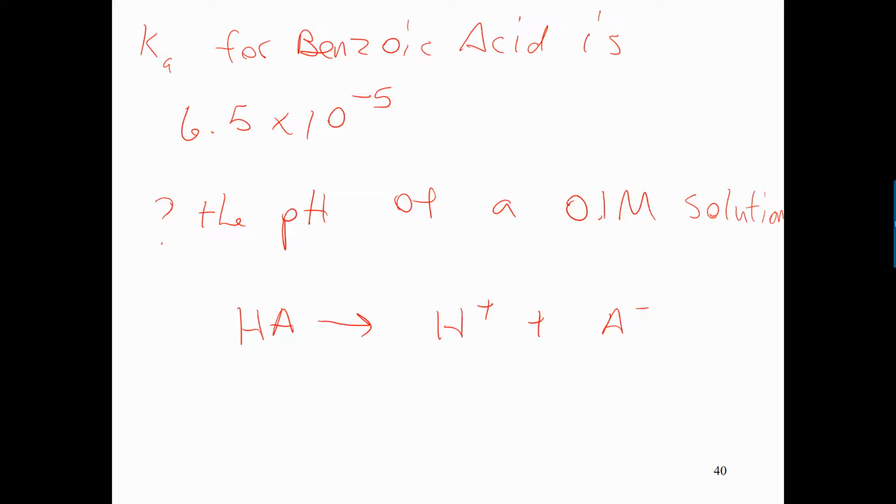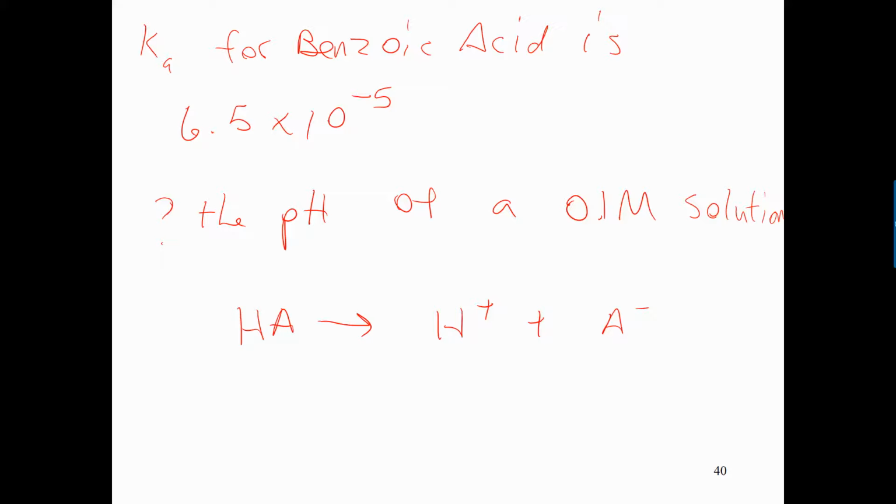You can set it up like this. HA equals H plus and A minus, and Ka is 6.5 times 10 to the negative 5.